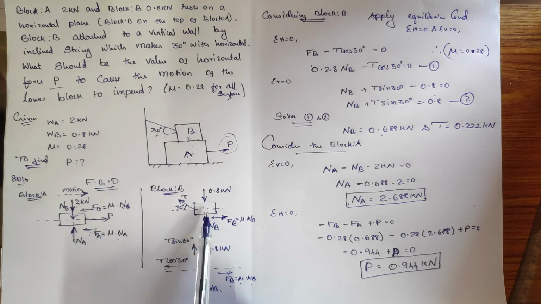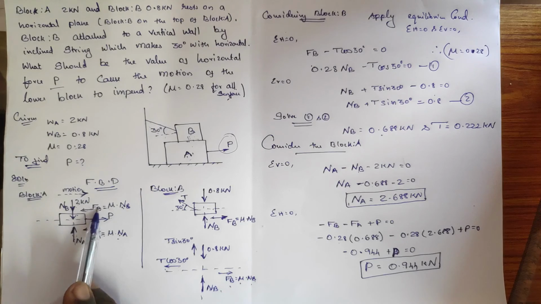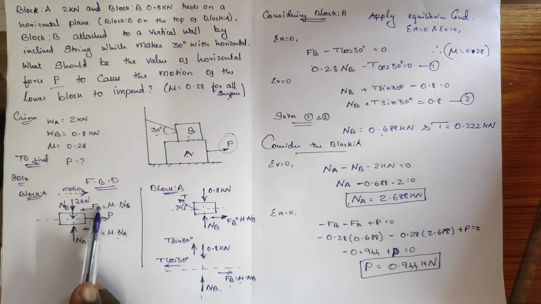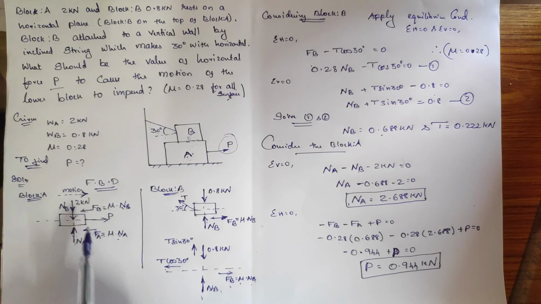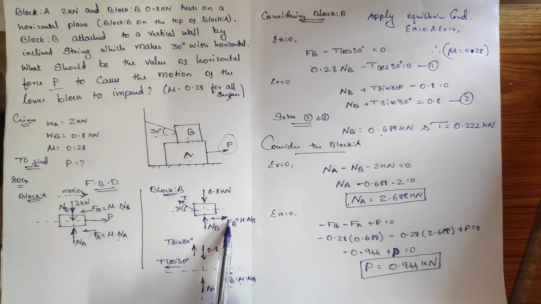And here, when the block is at the top of anything, when you don't have enough identification, you can just put the friction opposite to the considered friction on the lower portion. So here it is left side, so here it is a right side one. Okay, just put it and go with the block which has minimum number of unknown forces.